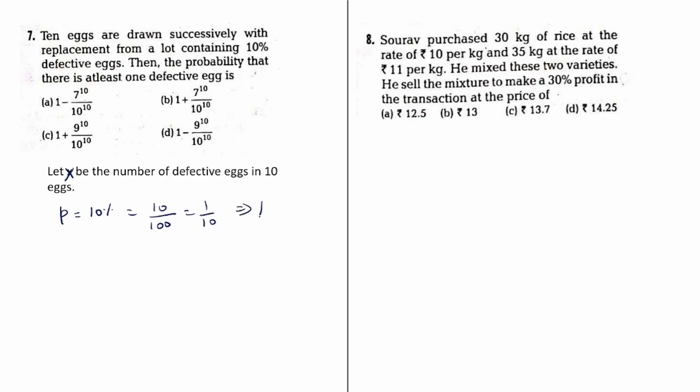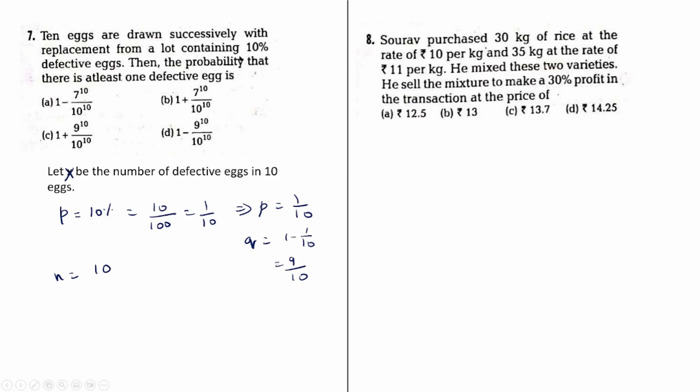So probability of success P equal to 1 by 10 and probability of failure Q equal to 1 minus P, so it is 1 minus 1 by 10, which is 9 by 10, and N is equal to 10, because here we have taken X as the number of defective eggs in these 10 eggs.